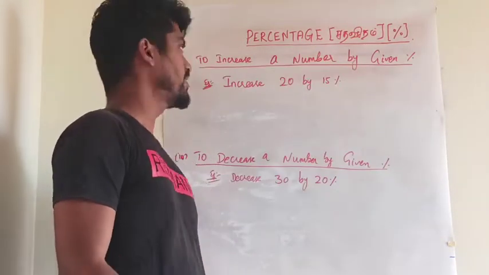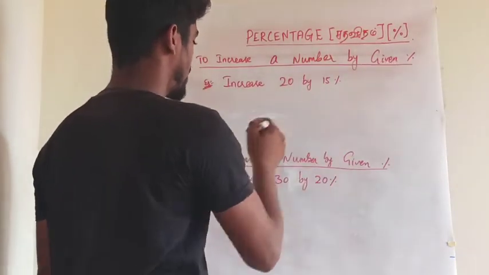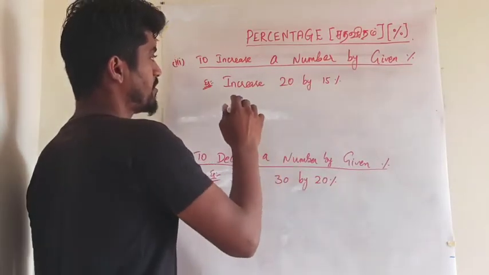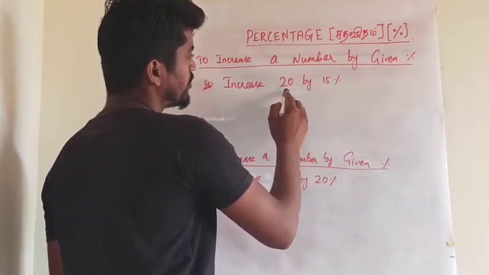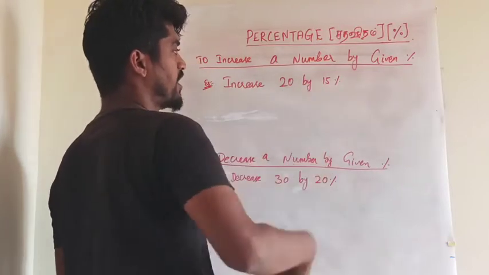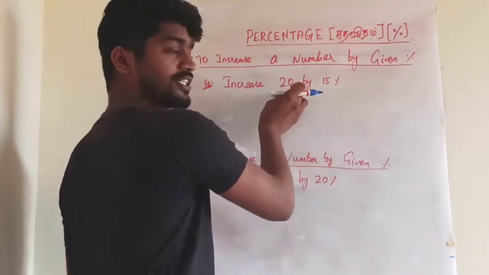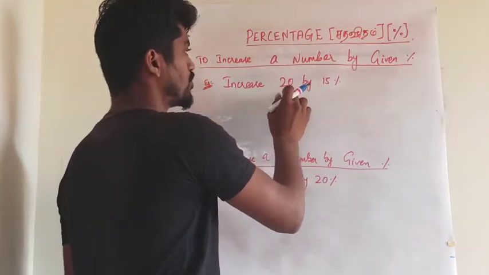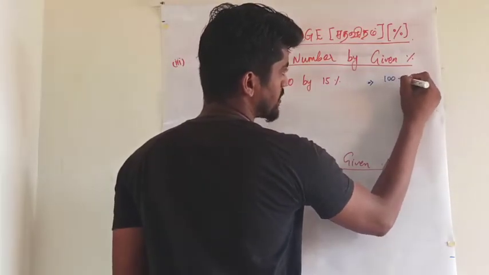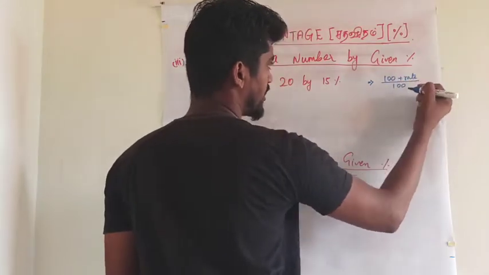The next type is to increase a number by a given percentage and to decrease a number by a given percentage. From the example, we are going to increase the value of 20 by 15%. So we have to find the increased value after the 15% is added to the value 20. So the formula is 100 plus rate of percentage divided by 100.